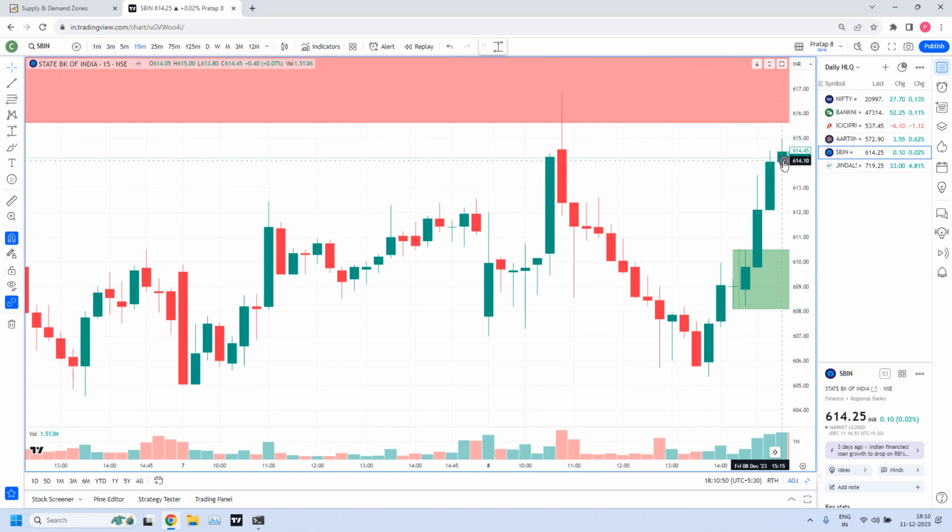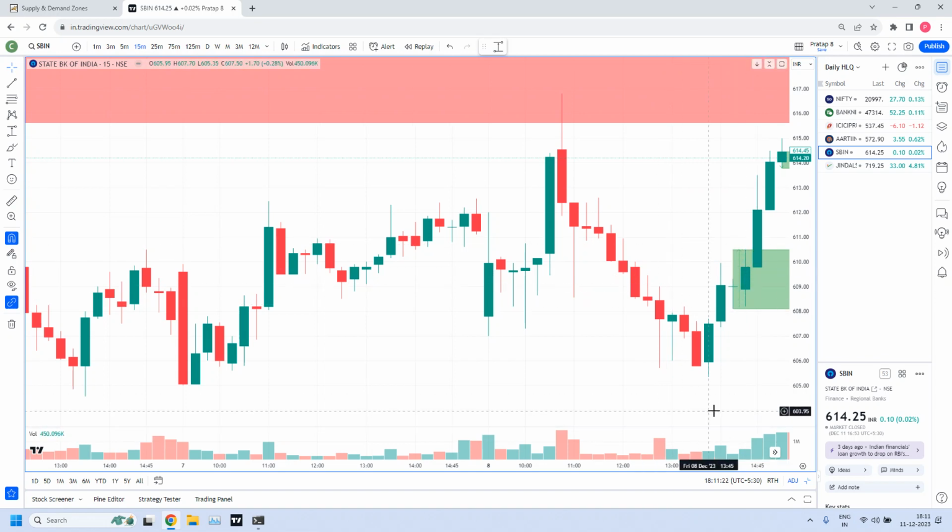This is Friday's last candle, 15:15. So when I prepared my trade plan, I have seen a rally candle and two base candles, and again a rally candle. So I have seen a 15 minutes demand zone. So this could be my expected target from the supply zone to this demand zone.